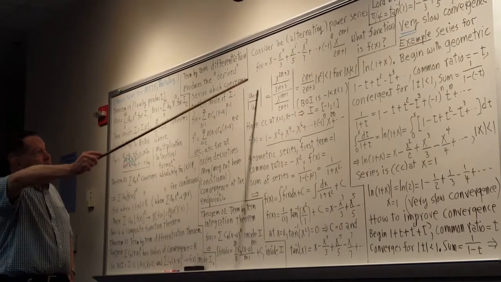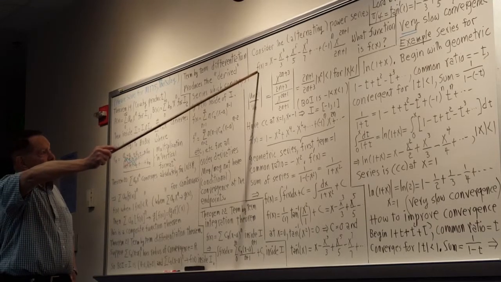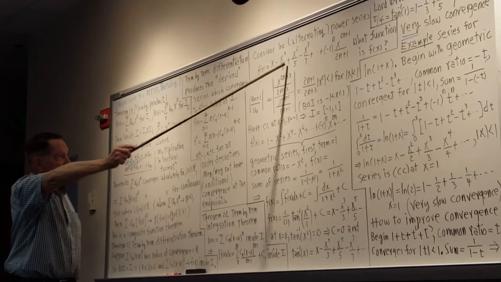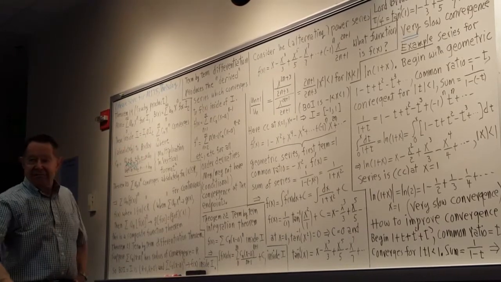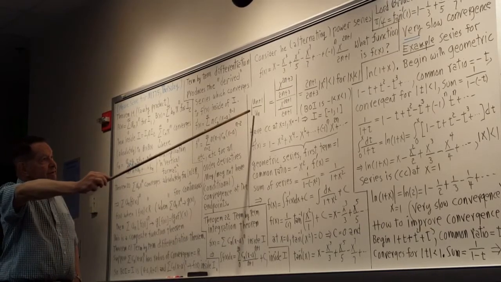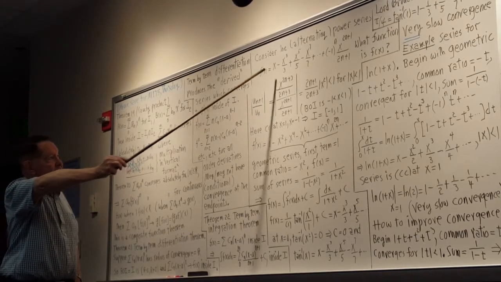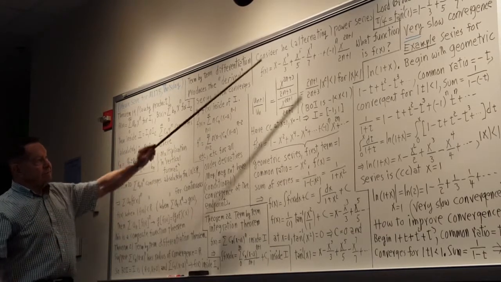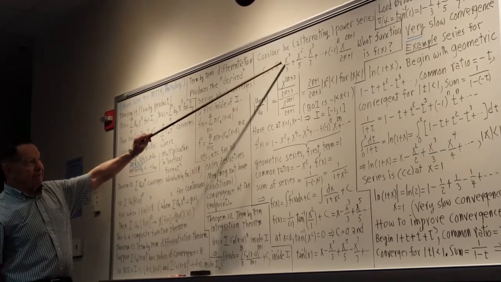So you could wonder what function it is that this is the power series of. And so the first thing to consider is the interval of convergence. So that would be back to last week.